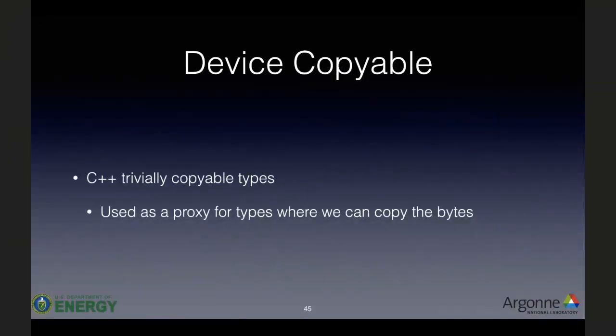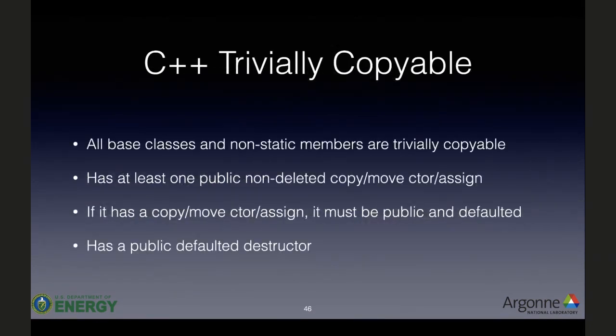In C++, we have a thing called trivially copyable types. And we use that as a proxy for types where we can copy the bytes. Its definition has morphed over the years. Basically, all the virtual base classes, all base classes and non-static members must be themselves trivially copyable. That's the recursive part. It must have at least one public non-deleted copy or move constructor or assignment operator.